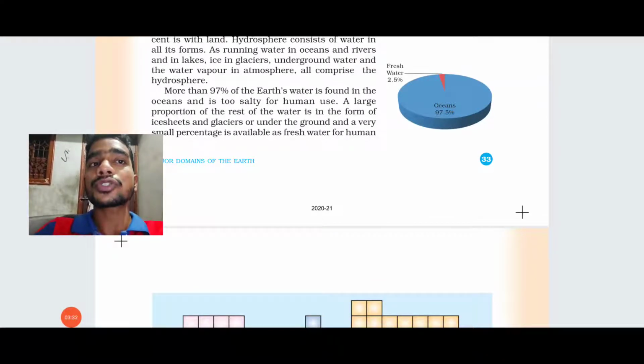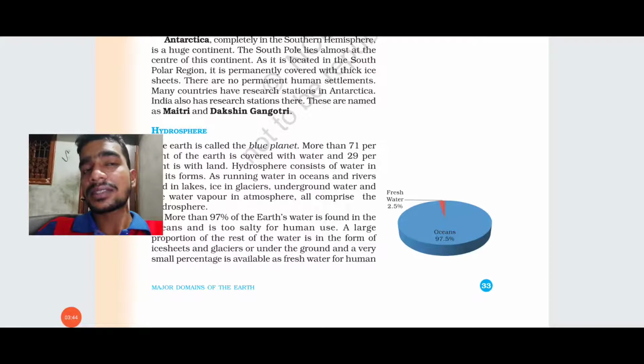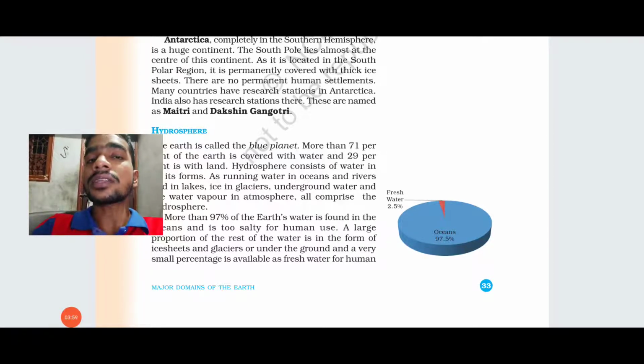A large proportion of the rest of the water is in the form of ice sheets and glaciers or under the ground, and only a very small percentage is available as fresh water for humans. We also discussed this in our environment chapter, where we saw that only 0.001% of the water is available for drinking, that is fresh water, and all the rest is salty water that we cannot use for drinking.